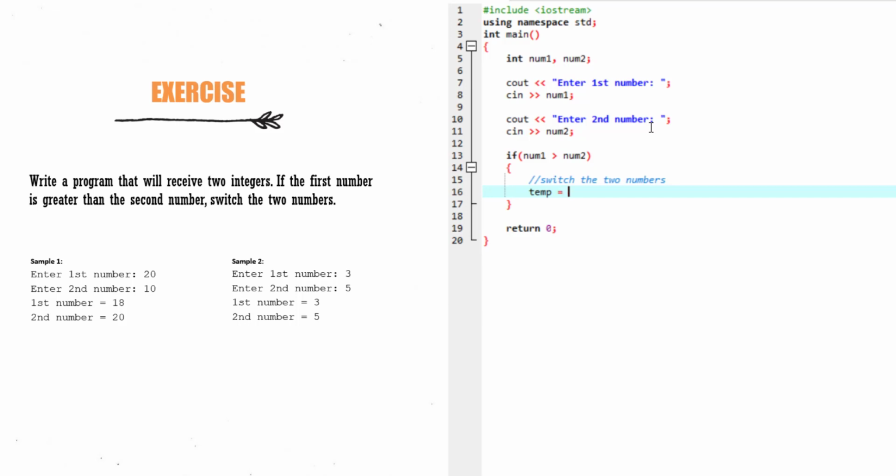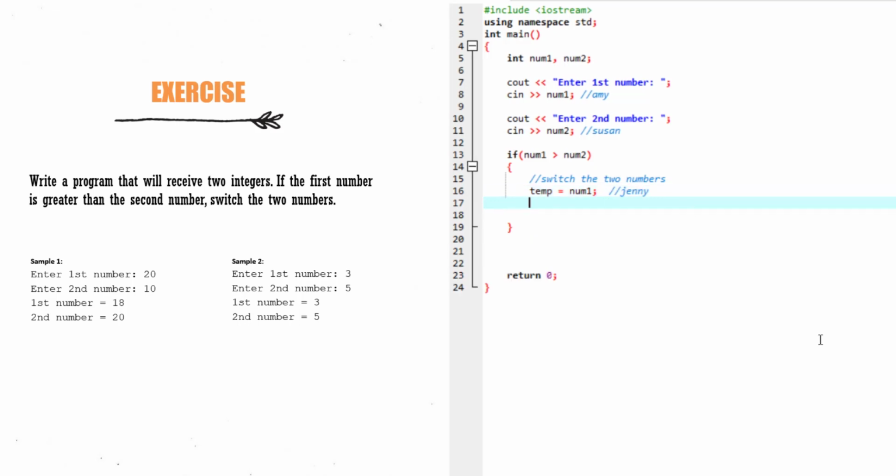So temp equals, let's say you want to give the value from num1 to temp. So you write temp equals num1. This num1 is like Amy, this num2 is like Susan, and this temp will be Jenny. Now we can give the number from Susan back to Amy.